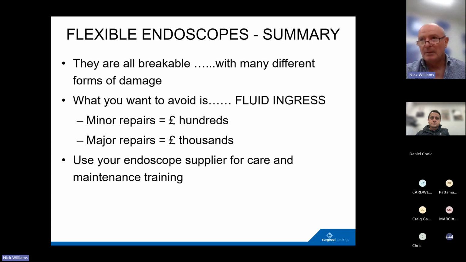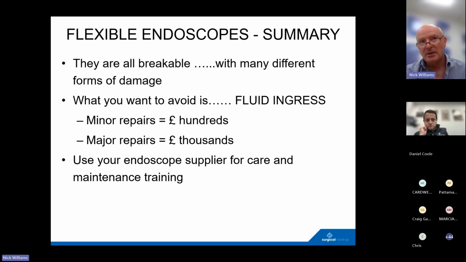It's on the web anyway, but they can do face-to-face training on how to clean it properly and how to do the best care and maintenance, and work with that supplier in reviewing your repairs. Definitely have regular meetings with them to see if there are any trends happening.